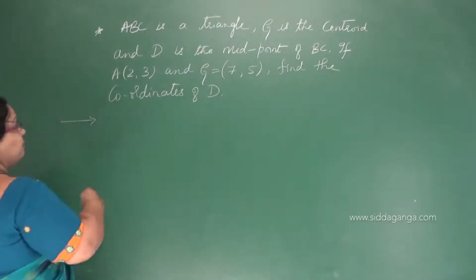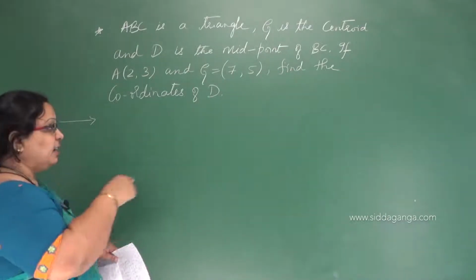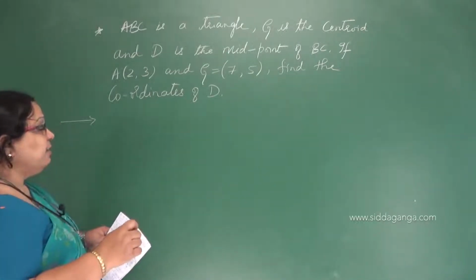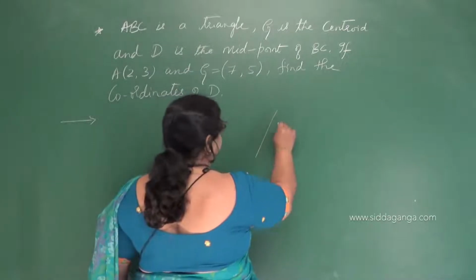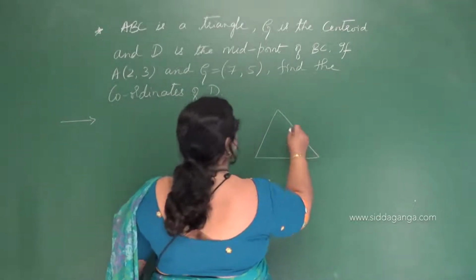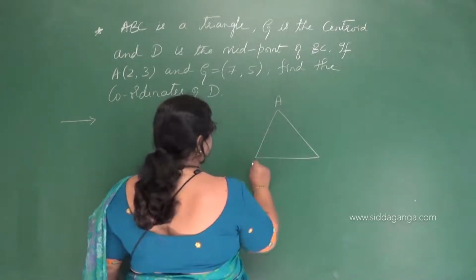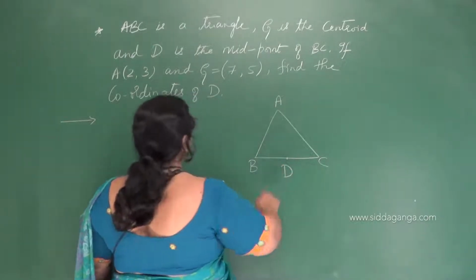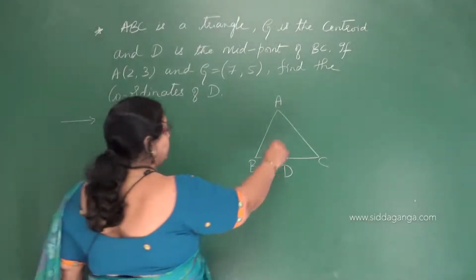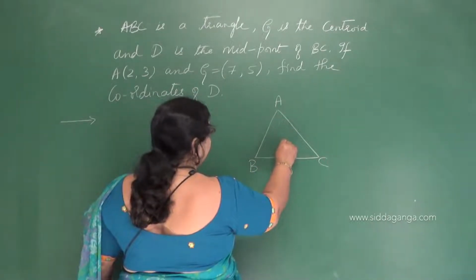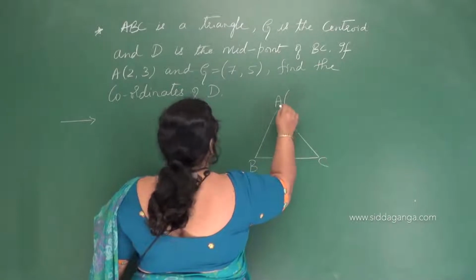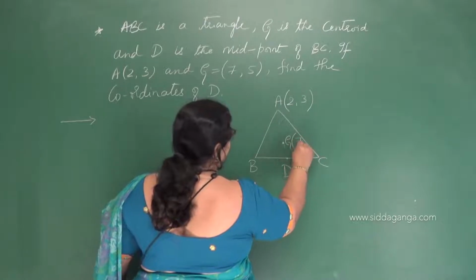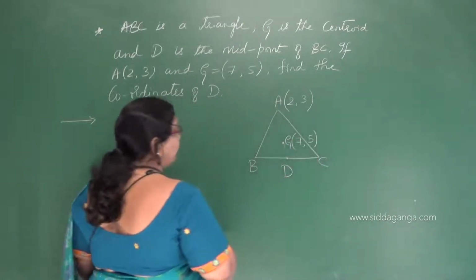So, solution. First, express the given data in a figure, then we can easily identify how we can solve the question. ABC is a triangle. D is the midpoint of BC. Now join AD. G is the centroid of the triangle. The vertex A is given as 2, 3 and the centroid is given as 7, 5.